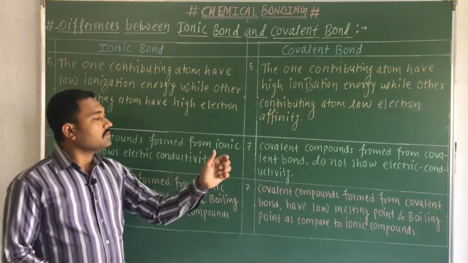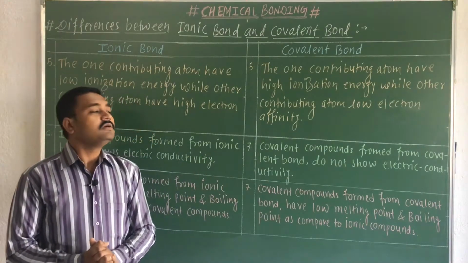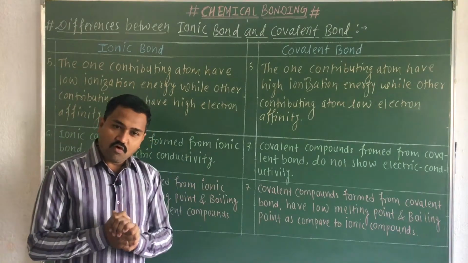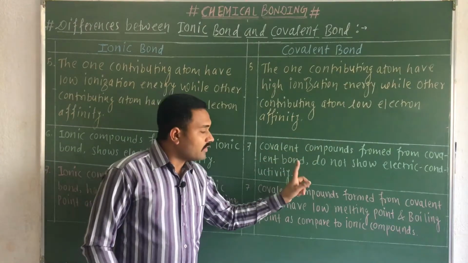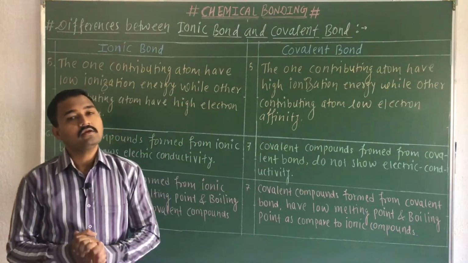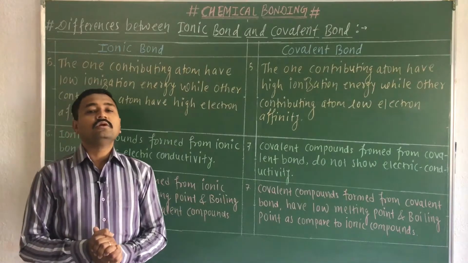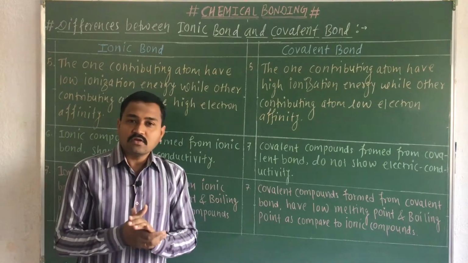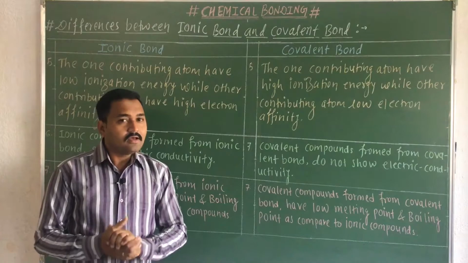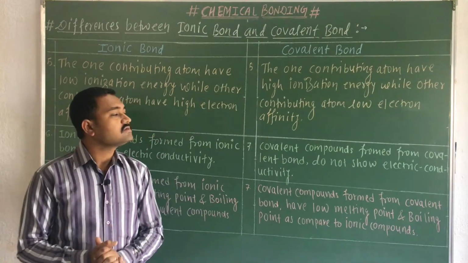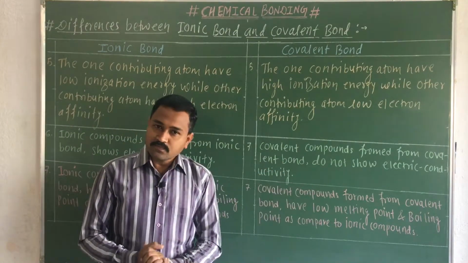Now what about the covalent compound? Generally covalent compounds do not show electric conductivity, as though they dissolve in water, they dissolve in the form of molecules, they will not dissociate into ions, that's why they do not show electric conductivity.